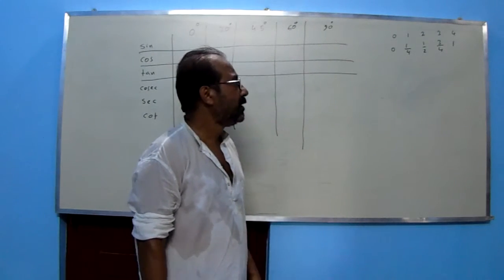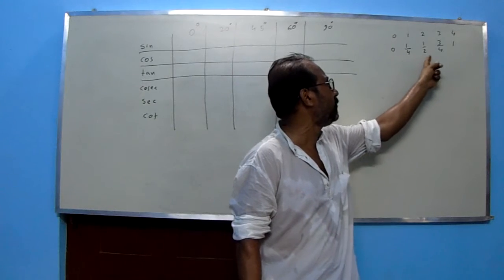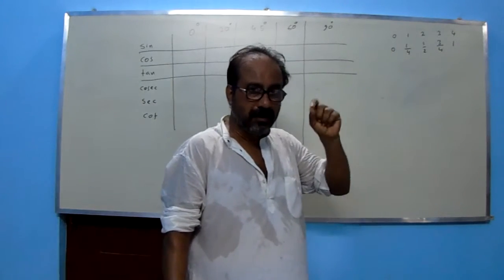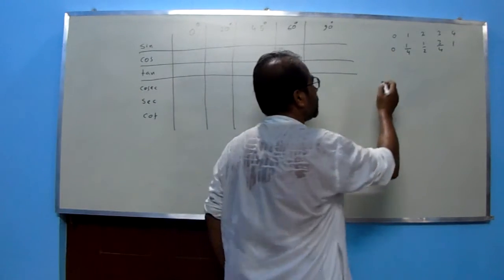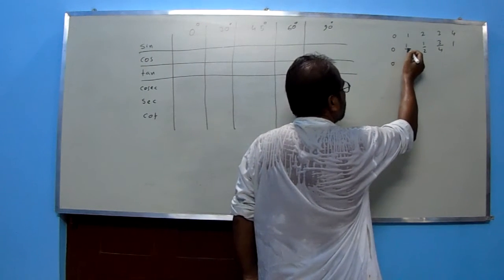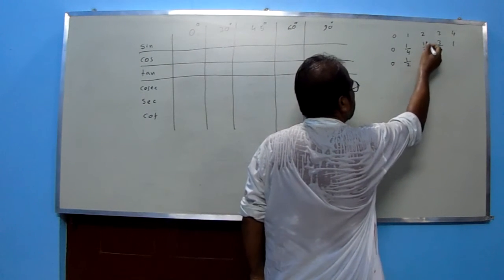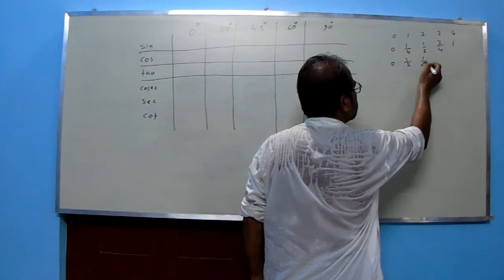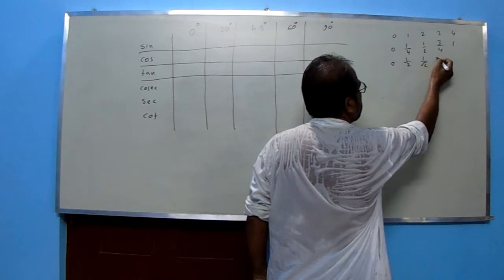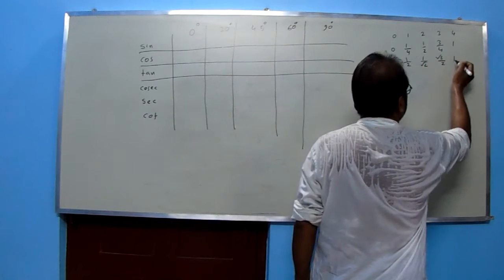Now if I take the root of each and every number, what will be the value? Root of 0 is 0. Root of 1 by 4 is half. Root of half is 1 by root 2, then root 3 by 2, and this is 1.